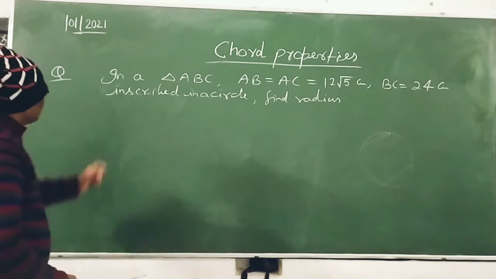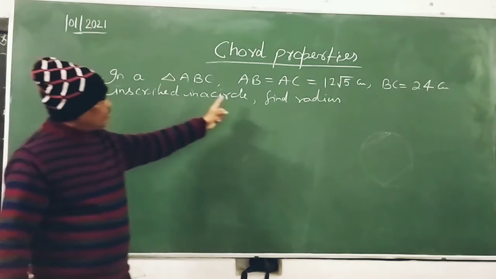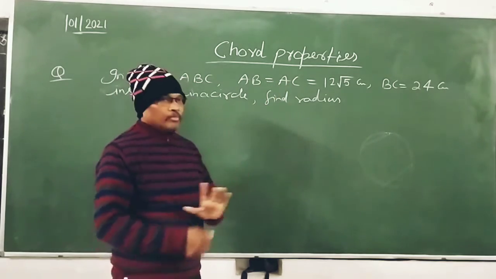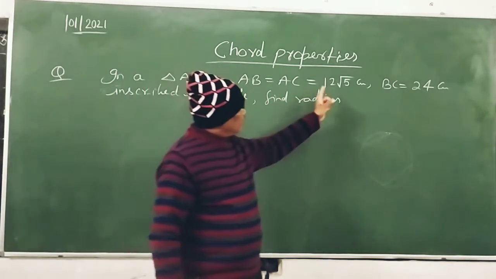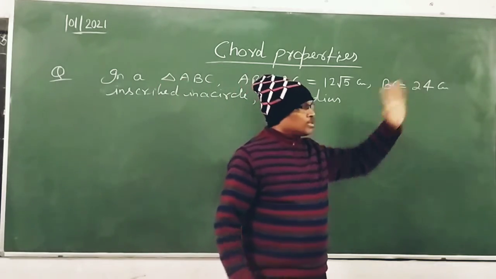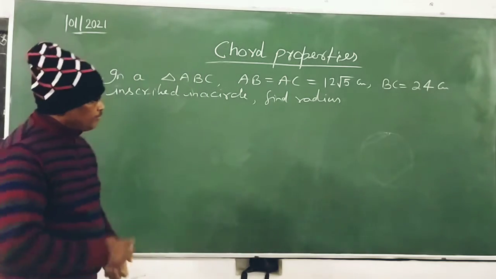In this question, a triangle ABC is inscribed in a circle, and AB is equal to AC, an isosceles triangle with side 12.5 cm and the base BC is equal to 24 cm. You have to find the radius of that circle.